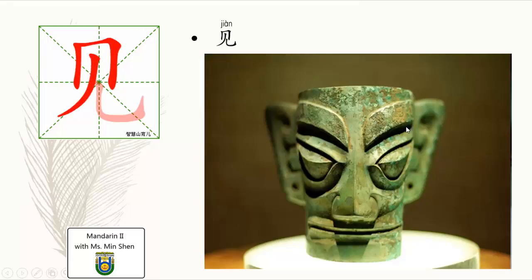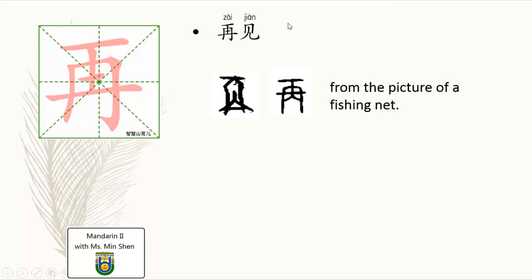Then in their statues, they reflect these wishes with enlarged eyes. So that's why enlarged eyes mean to see something clearly.